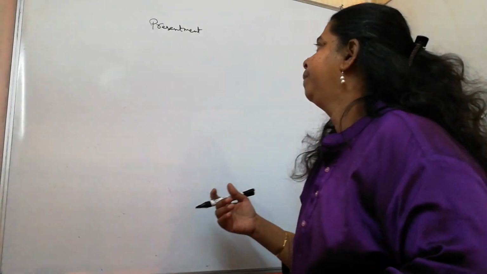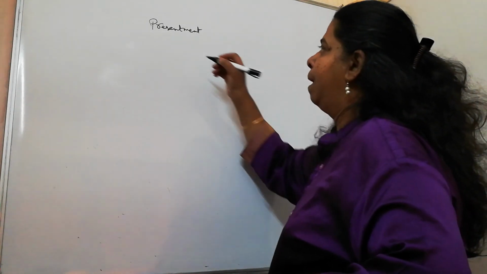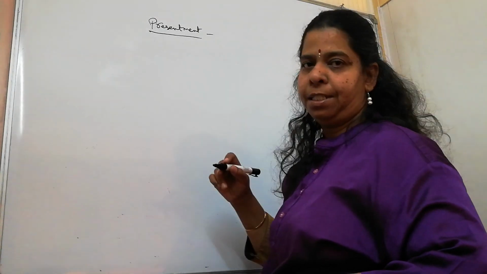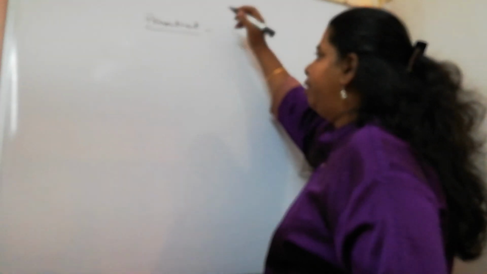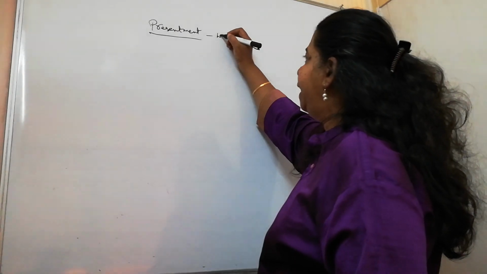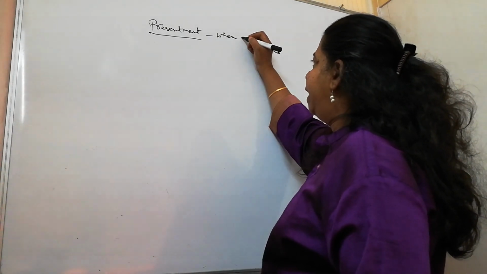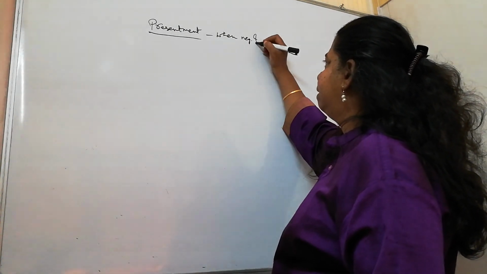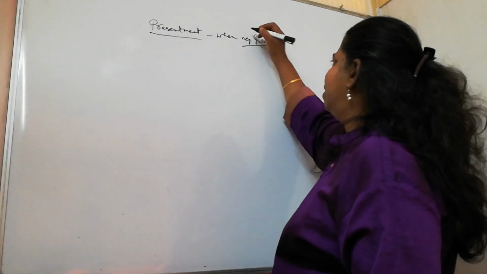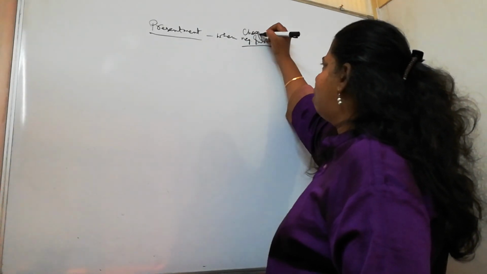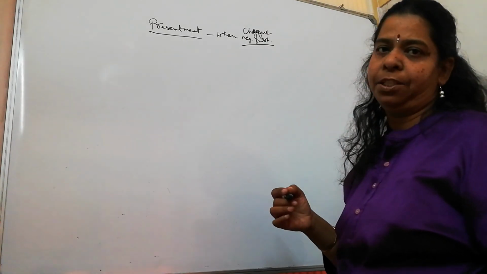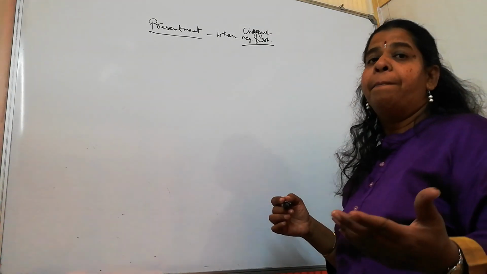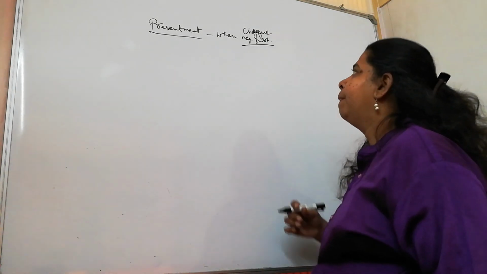Okay. So, presentment, shares, stocks, debentures, presentment. What do you mean by presentment? When the negotiable instrument, the check, because that's the most common negotiable instrument, and that is the only negotiable instrument which needs to be presented, okay.